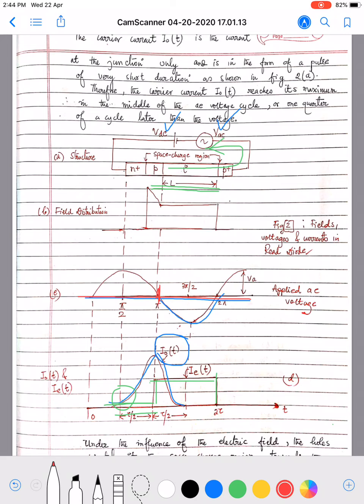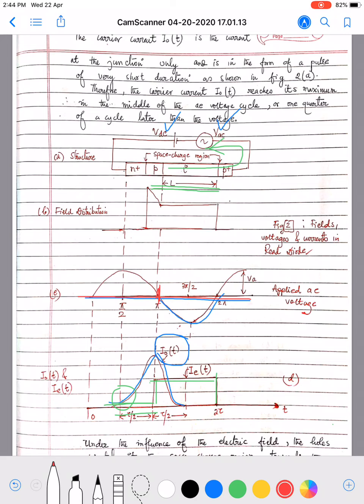It can be seen that the induced current IET in the external circuit is equal to the average current in the space charge region. When the pulse of the hole current I0t is suddenly generated at the N plus P junction, a constant current IET starts flowing in the external circuit and continues to flow during the time tau in which the holes are moving across the space charge region.